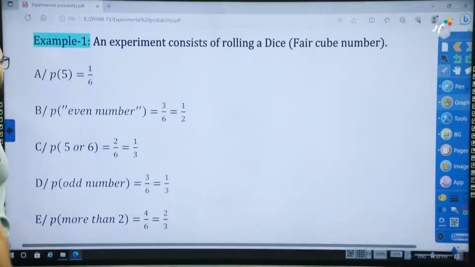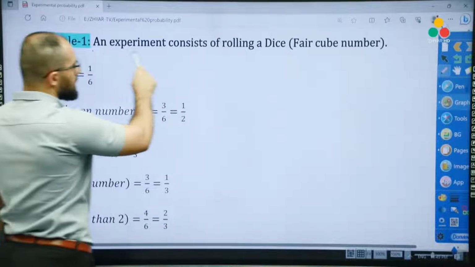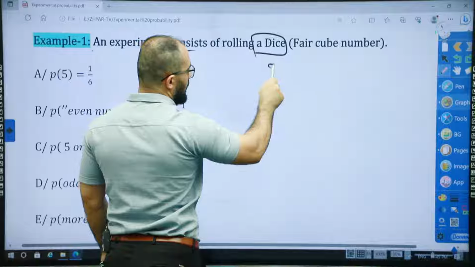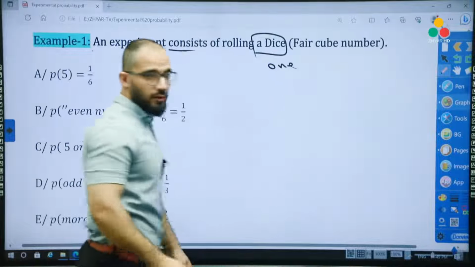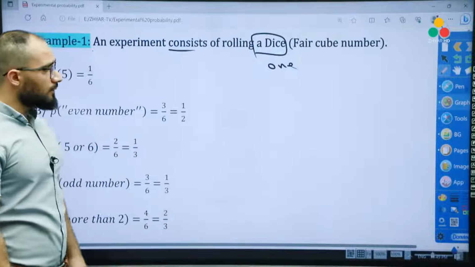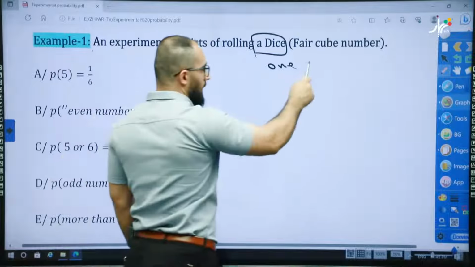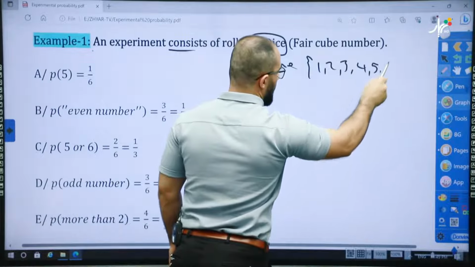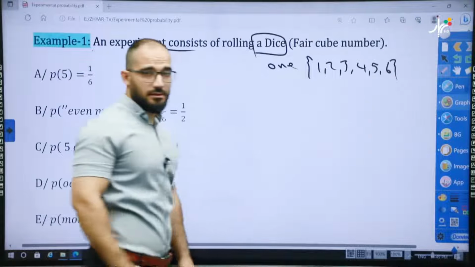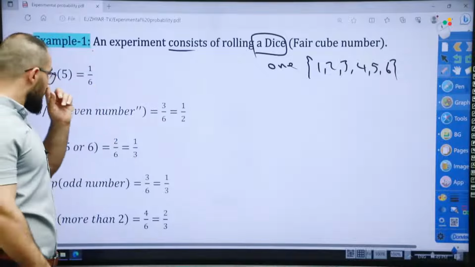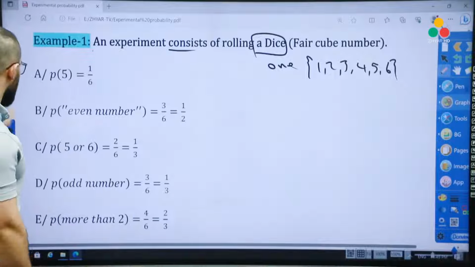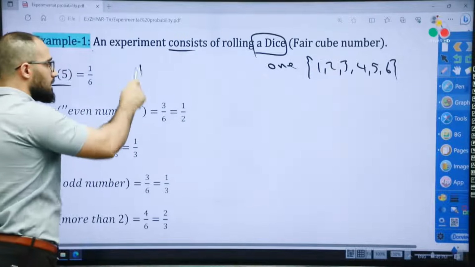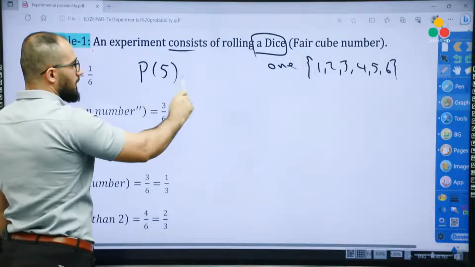Then we are going to solve some examples, then you will understand more about the subject. First example, it says, an experiment consists of rolling a dice. It is 1 dice, so we have 1, 2, 3, 4, 5, 6 results. The first question is, find P of 5, the probability of 5.